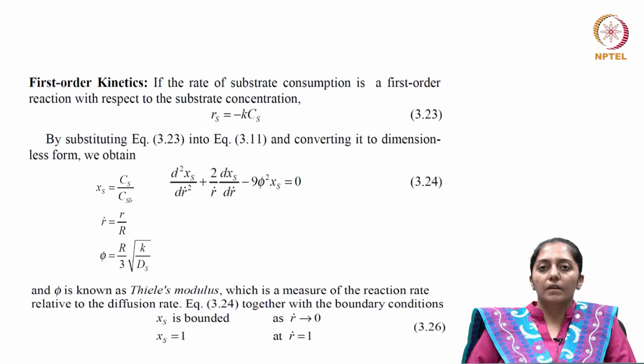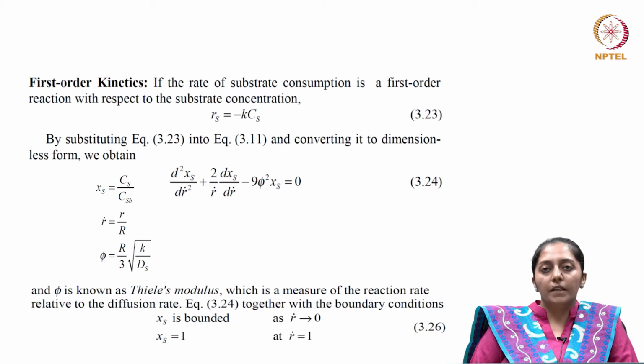Welcome back, students. In the last class, we were discussing the internal and external mass transfer limitations in immobilized cell systems or immobilized enzyme systems. While characterizing the internal mass transfer limitations, we assumed different reaction kinetics, starting with zero order kinetics.